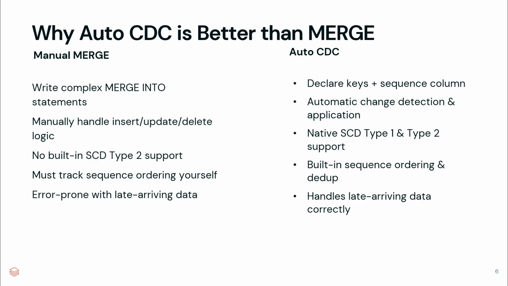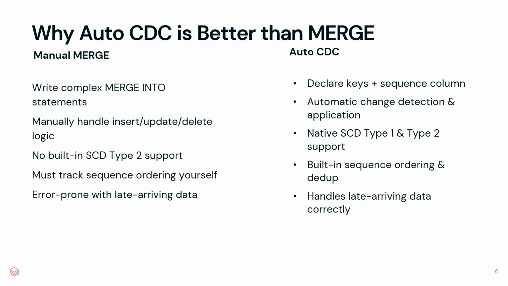So why do we have auto CDC? We already have merge. For your coding ninjas, I can write this, right? Auto CDC is just an easy button for you, implementing things out of the box. It defines your primary keys or your unique keys, so you don't have to worry about deduplication. It'll do that for you.